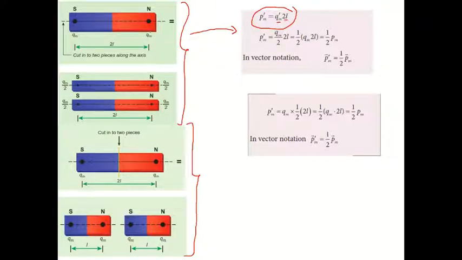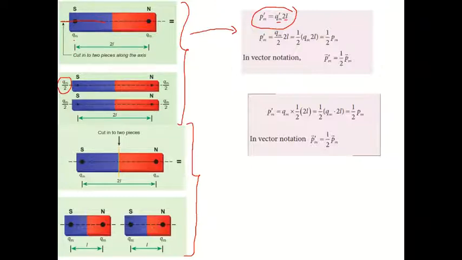But if we cut the magnet like this into two pieces, after cutting it into two pieces, the final product will have half of the pole strength of the initial product.